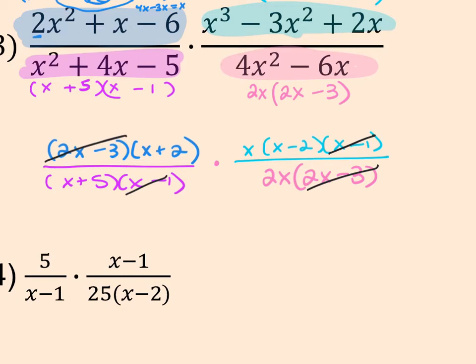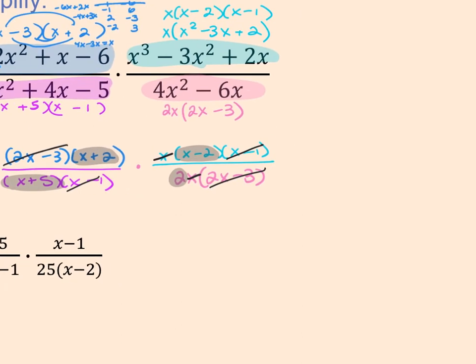Anything else? Look, there's an x and an x. So now the numerator, I have x plus 2, x minus 2. The denominator, I have x plus 5, 2. So when I rewrite this answer, it's x plus 2, x minus 2 over 2 times x plus 5.